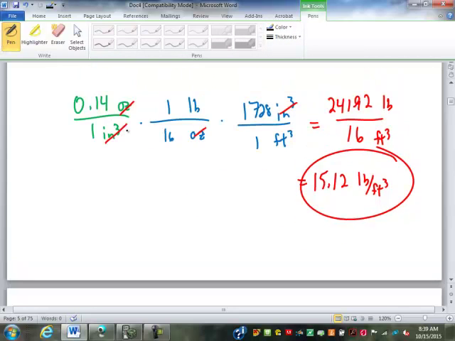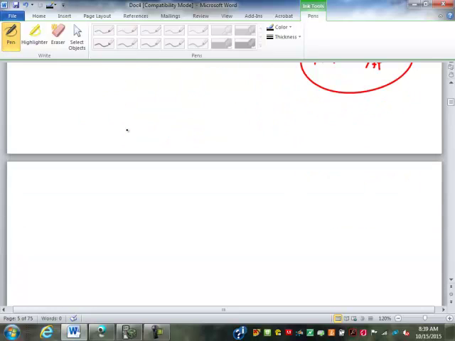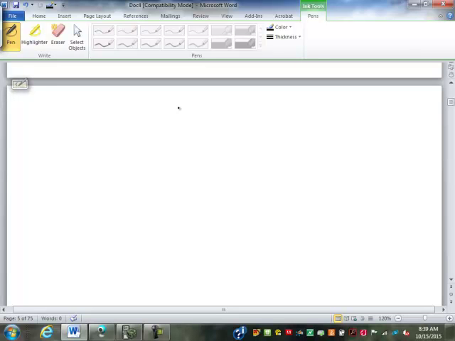Yep. The key is, since we have dual units, whenever you have something like miles per, well, let's see here.